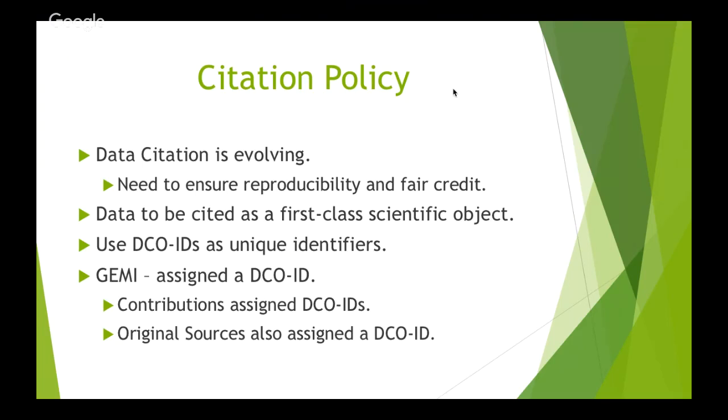Other than that, for usages, there's already established precedent for Sparkle queries having IDs, right? So when people want to use the data, they'll just use the unique identifier for their Sparkle query, which essentially translates to a chunk of the data. And they'll cite the GEMI resource as a whole as well.